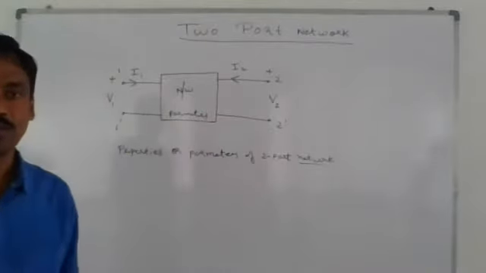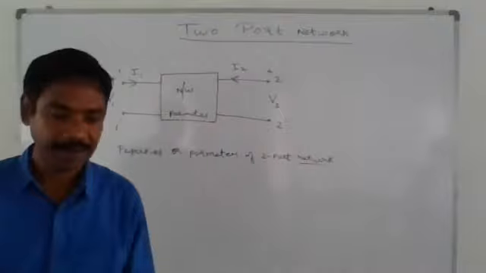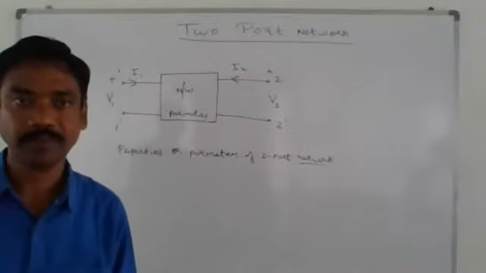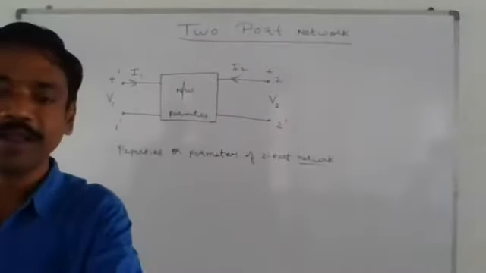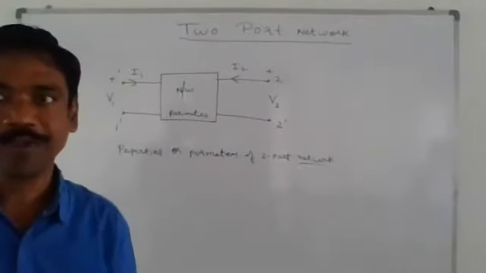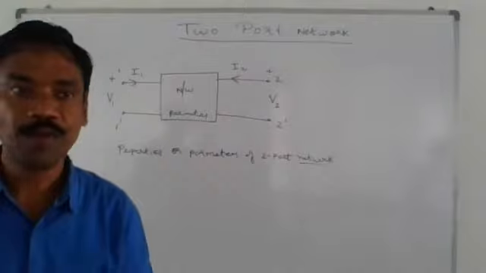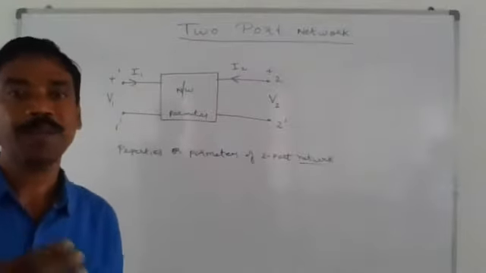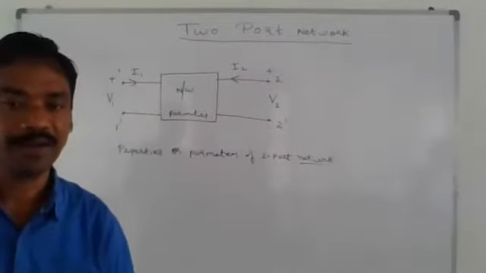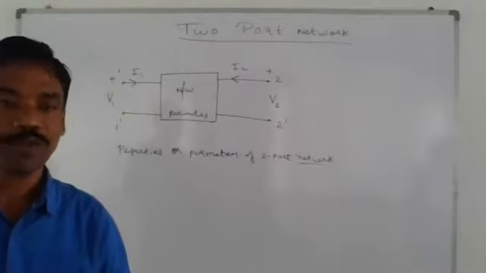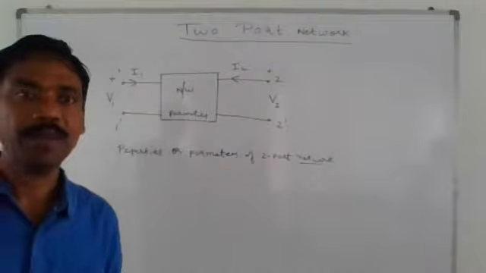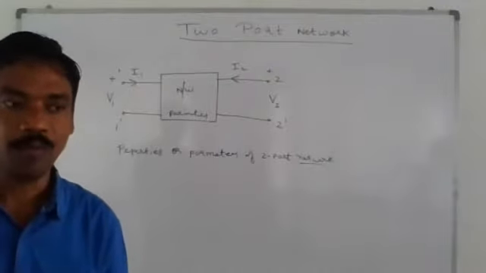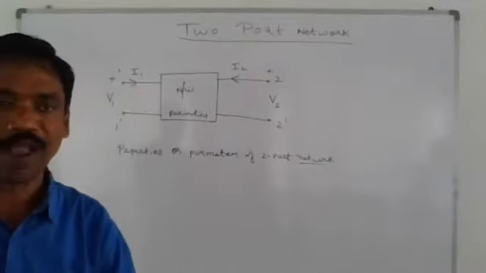Just I am giving an analogy. For a circuit, if a 10 ohm resistance is connected to a 20 volt supply, then 20 by 10, 2 ampere is the current. What is your component? Resistance, and the resistance parameter is 10 ohm, right? Just think of the analogy.